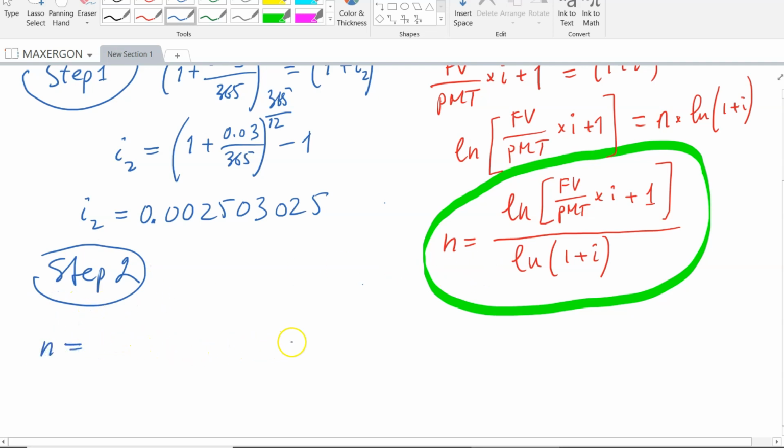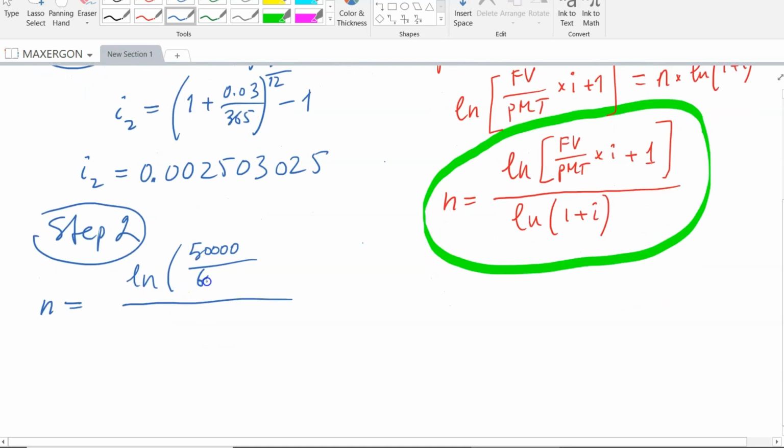N is equal here to the logarithm. So future value is $50,000. The payment is $600. Then we'll multiply by I2. And I remind you that I2 already is found and is stored in the memory of our calculator. Plus 1. And then we'll divide by the logarithm of 1 plus I2.